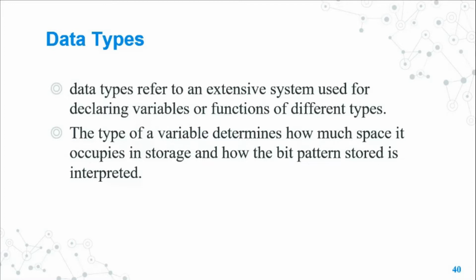So in the case of integer 1, defined as int, the size of int will be some specific amount of memory, and that much memory will be reserved for integer 1. Any value that I assign into integer 1, if it fits into that amount of memory, then only that value can be stored.